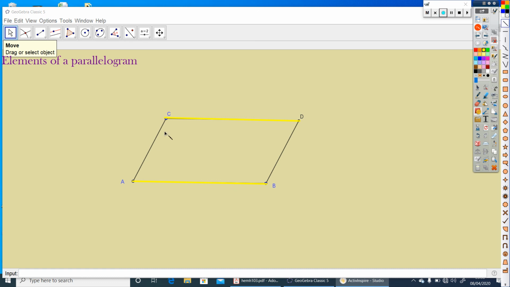One more pair we can say, that is AC and BD. So in a parallelogram, two pairs of opposite sides should be there. Here it is AB, CD and AC and BD.